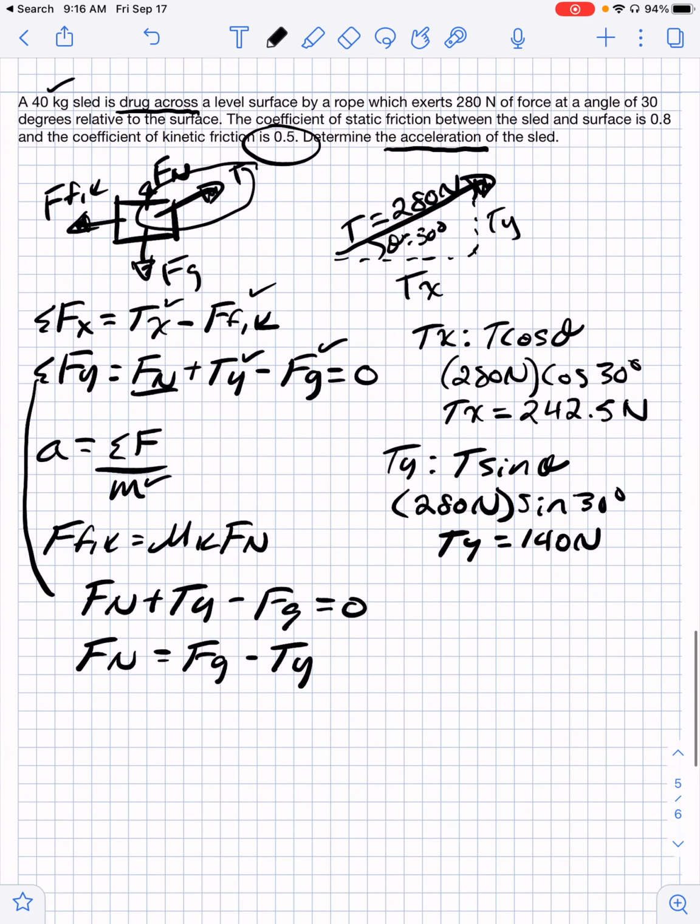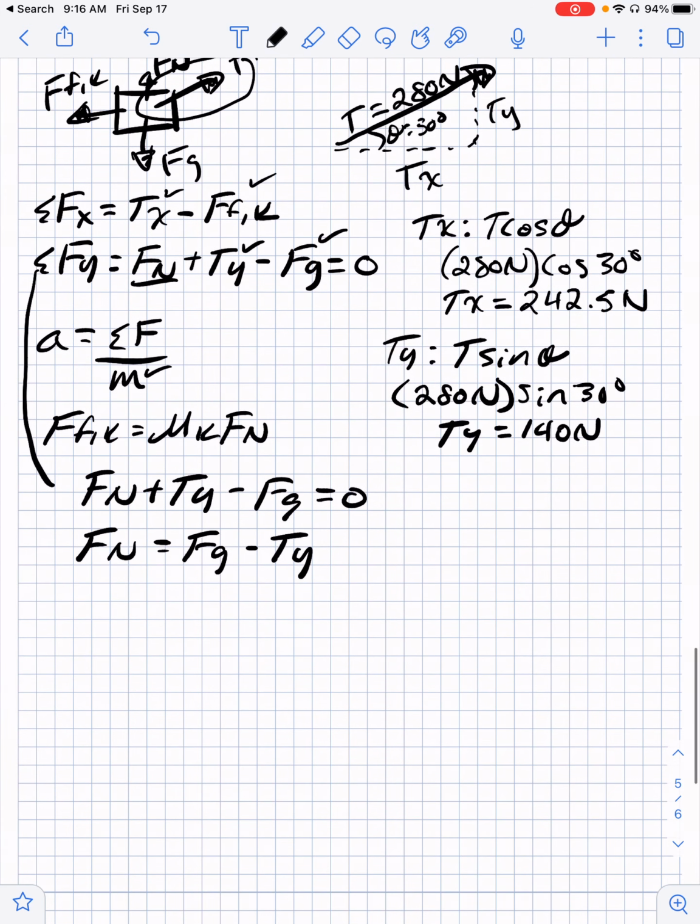It told me that the sled was 40 kilograms. Be careful, that's mass, right? So Fg equals mg. Your mass is 40 kilograms, and we multiply that by 10 newtons per kilogram, and that equals 400 newtons.